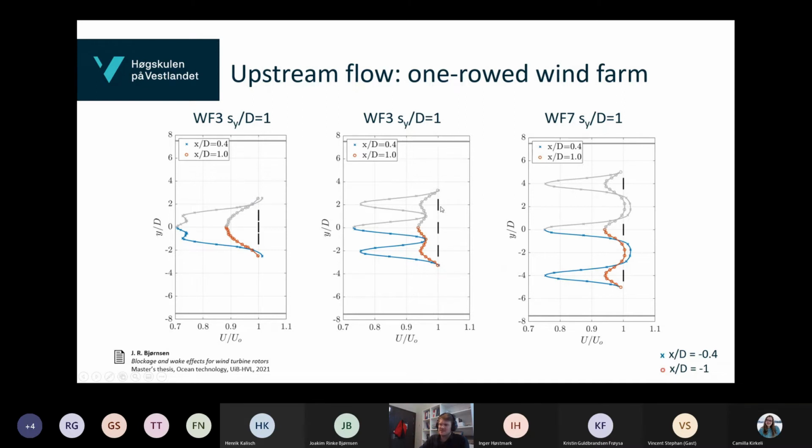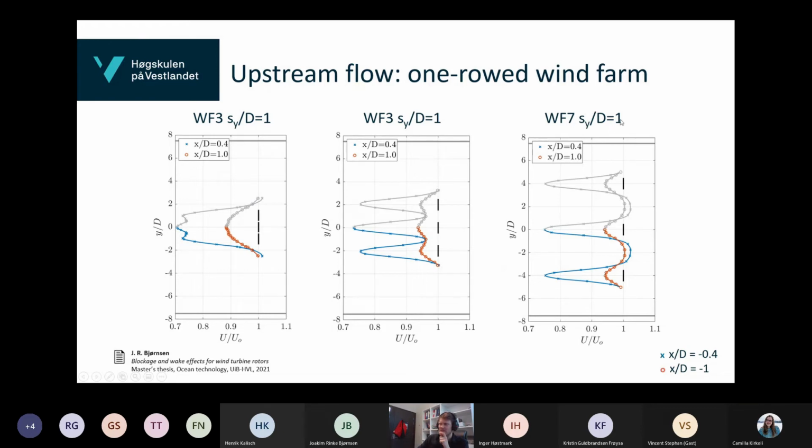If we increase the separation distance now, we see that the induction zones get separated more and more, but still there is some interaction in between. So they are not completely separated from each other.